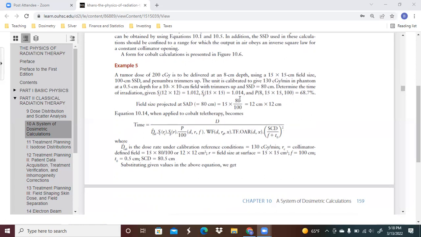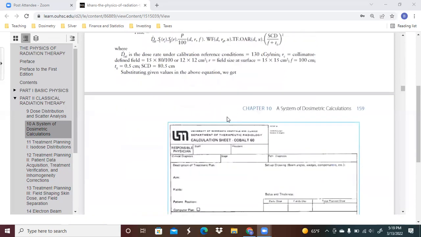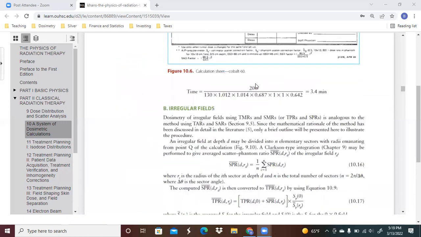Cobalt is going to be calibrated at 80 as opposed to 100. So 15 multiplied by 80 divided by 100 is going to end up being a 12 by 12. And that's why they are giving you these values. So plugging all of this information in, we get 200.